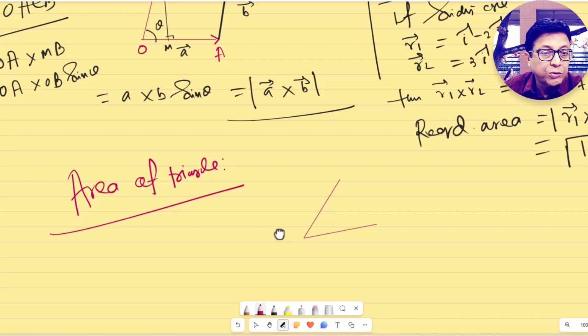Hope you have understood. If two sides of parallelogram are given, then you can find area by using cross product and then by taking modulus.